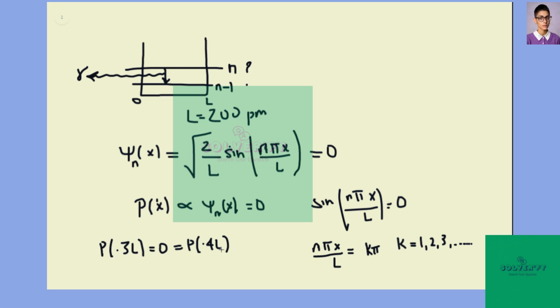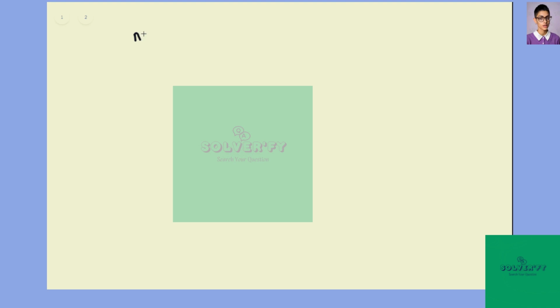So now let's put the value of x equal to 0.3 and x equal to 0.4. So we have the condition that n pi x over L should be equal to k pi, which implies that n x over L is equal to k.